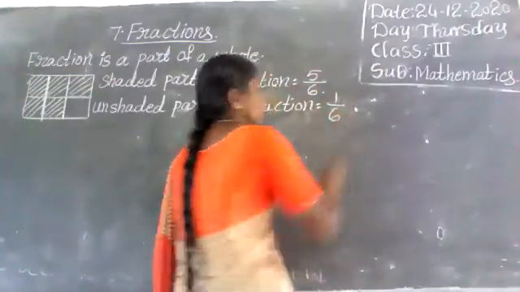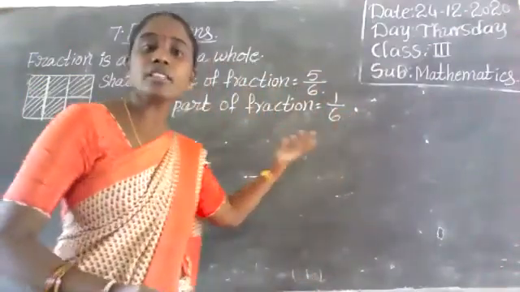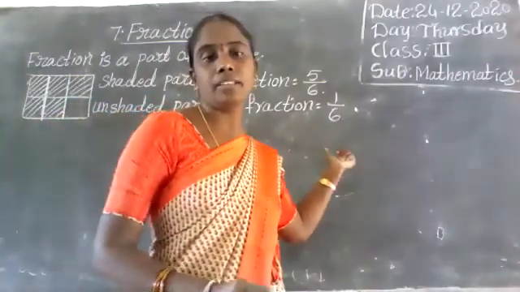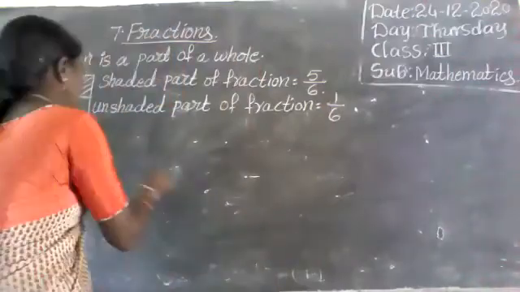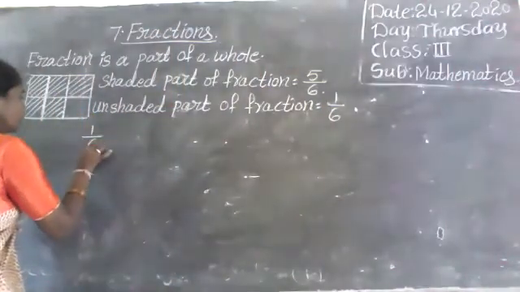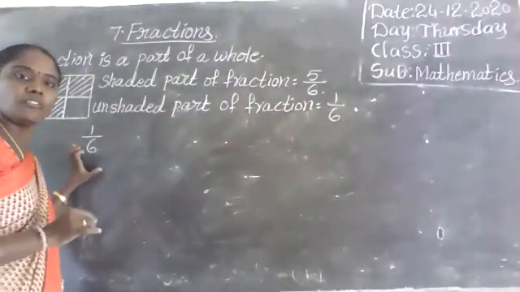One by 6. In these fractions, what is the numerator? What is the denominator? What is the numerator in 1 by 6? I am taking here 1 by 6, children. In this fraction, what is the numerator?